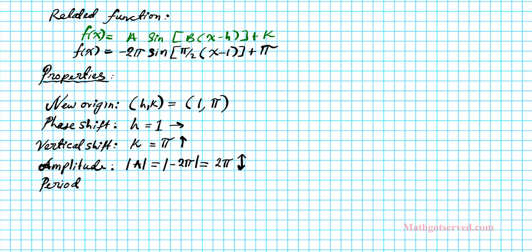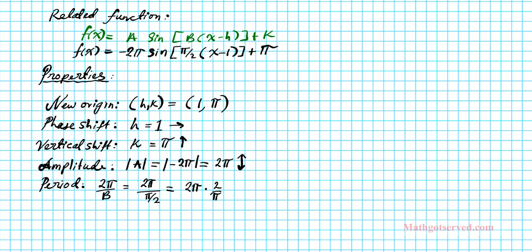Next, we need to find the period. The period can be determined by computing 2 pi divided by b. You can see in this problem that b is pi over 2, so we're going to calculate 2 pi divided by pi over 2. Now, how do we divide by a fraction? All you simply do is multiply the numerator by the reciprocal of the denominator, like that.